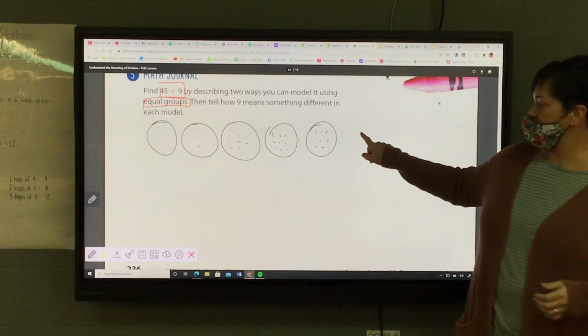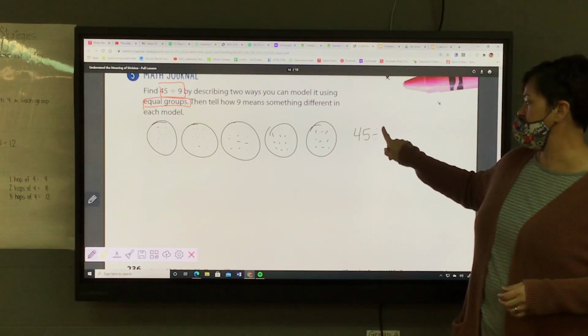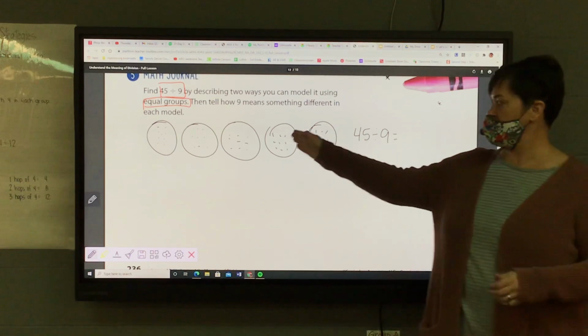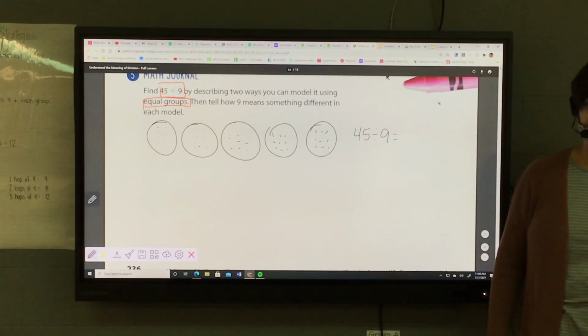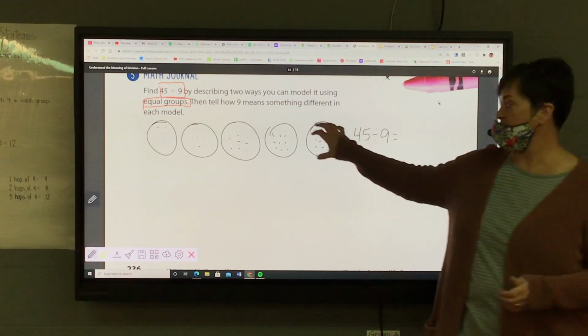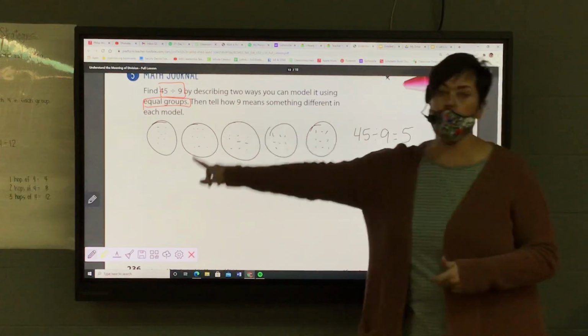So this is saying 45 divided by 9 equals, how many groups do I have? 5. So this was one way to do it.